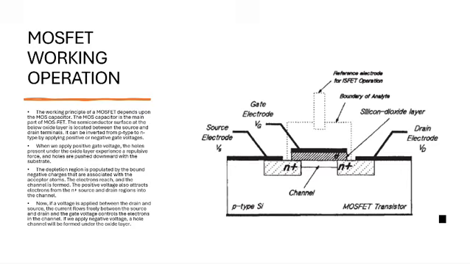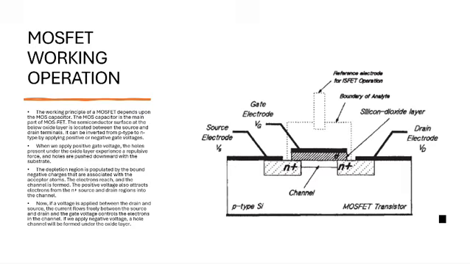The depletion region is populated by the bound negative charges that are associated with the acceptor atoms. The electron-rich channel is formed. The positive voltage also attracts electrons from the source and drain regions into the channel. Now, when a voltage is applied between the drain and the source, the current flows freely between the source and the drain.